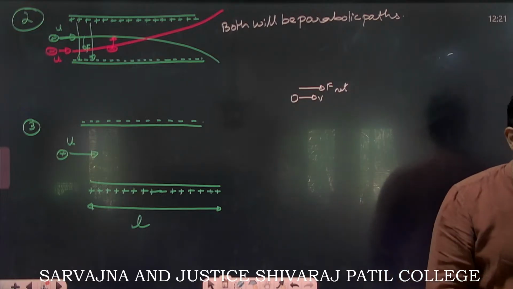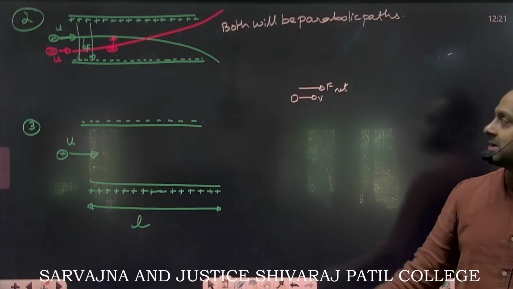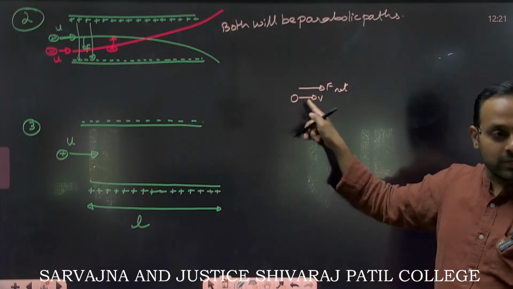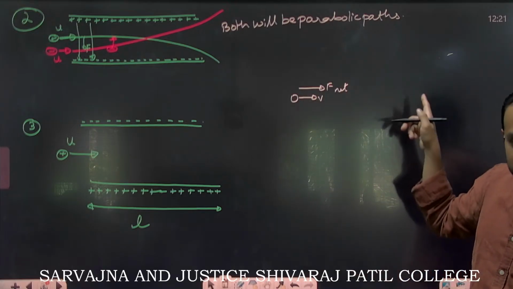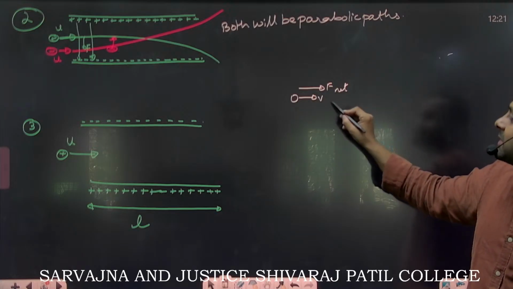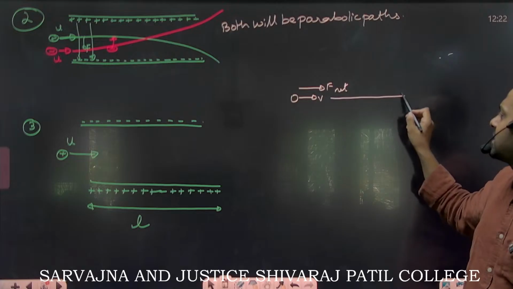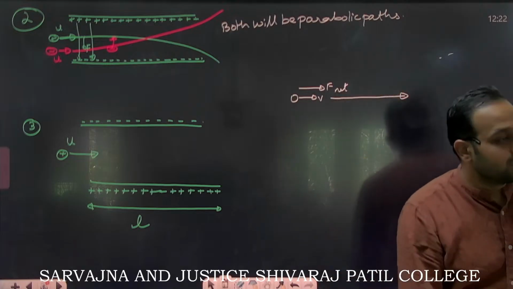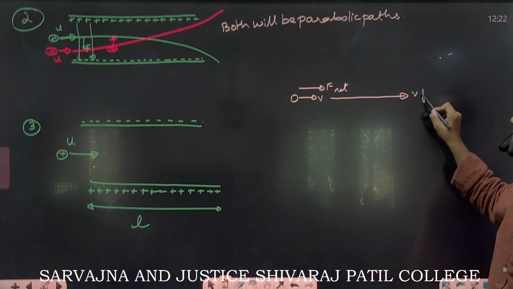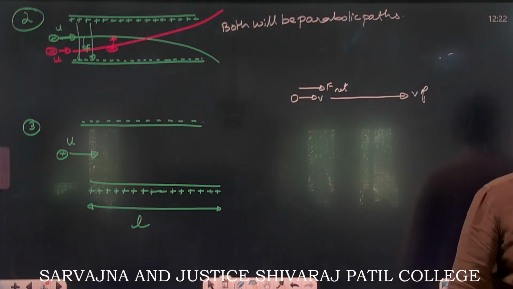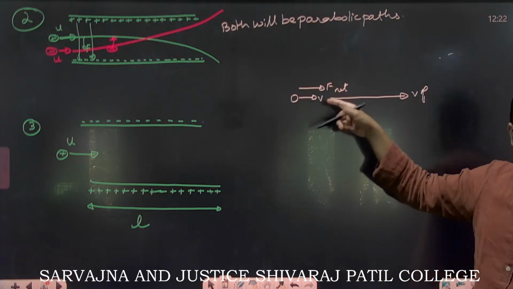Then it will keep continuing in the same direction, but its velocity magnitude will keep increasing. So it will travel in a straight line, but its velocity will keep on increasing. That is when force and velocity have this relation.